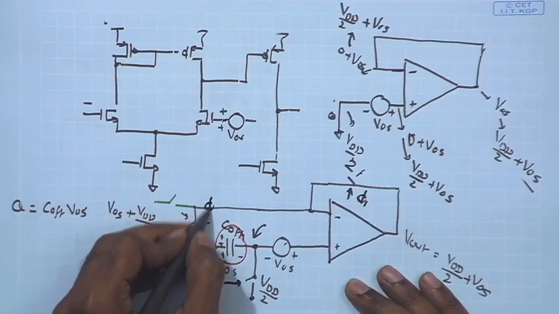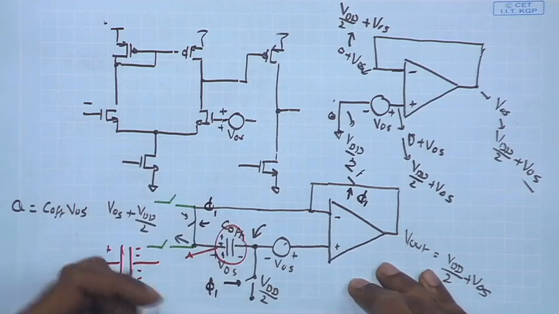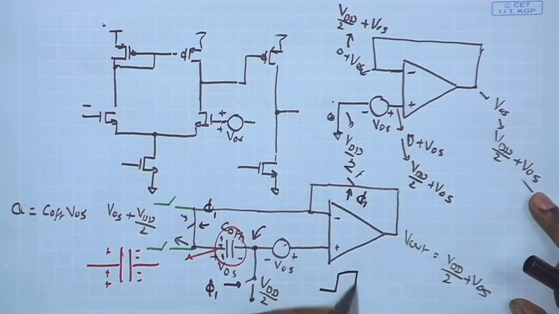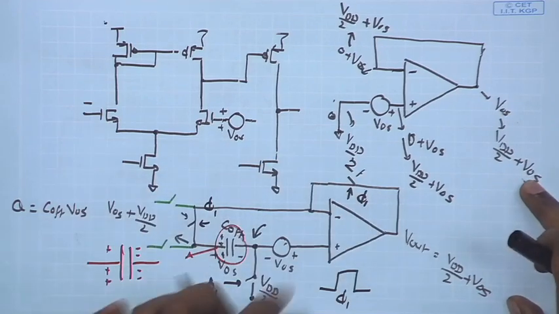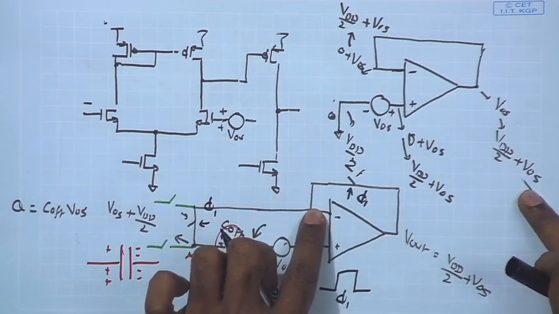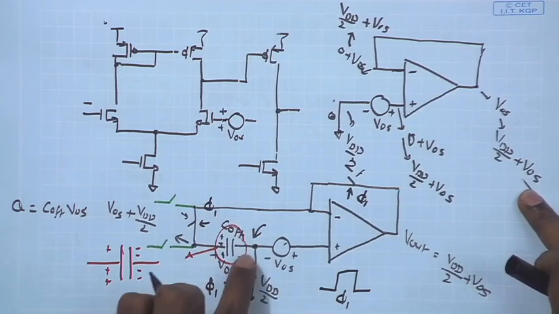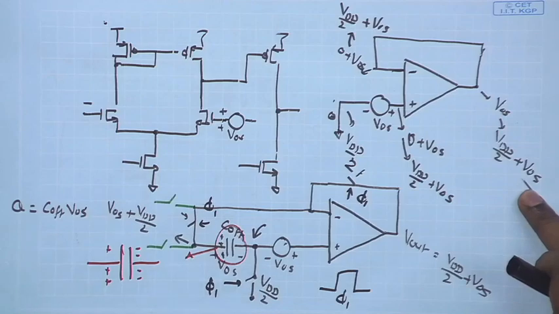So, when the phi 1 phase of the clock came, these three switches were closed, and as a result you had the negative feedback implemented over here, negative terminal shorted to the positive plate of the capacitor over here, and also this terminal connected to VDD by 2.